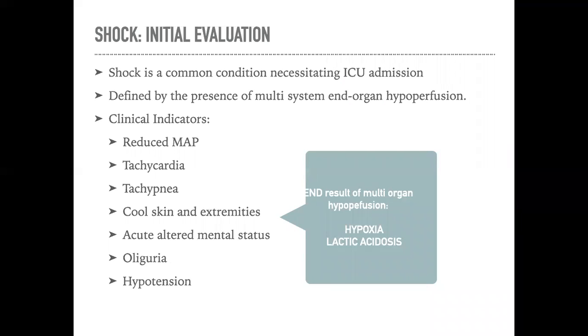It is defined by the presence of multi-system and organ hypoperfusion, and the clinical indicators would be a reduction in the mean arterial pressure, the presence of tachycardia, tachypnea, cool skin and extremities, acute altered mental status, oliguria, or hypotension. And when all this happens, you could be dealing with hypoxia or lactic acidosis, a consequence of the hypoperfusion of the different organs.